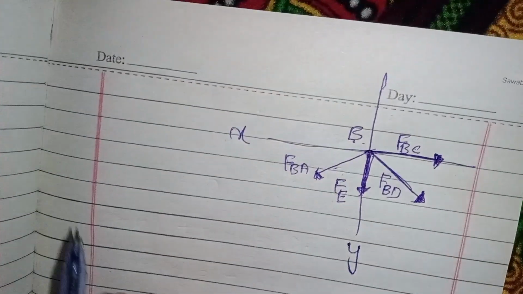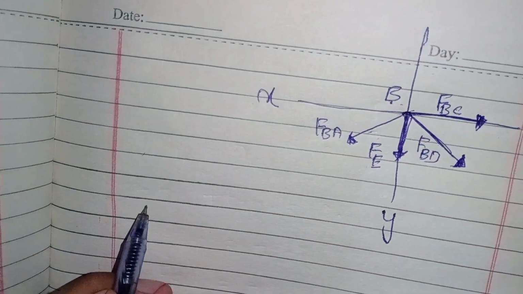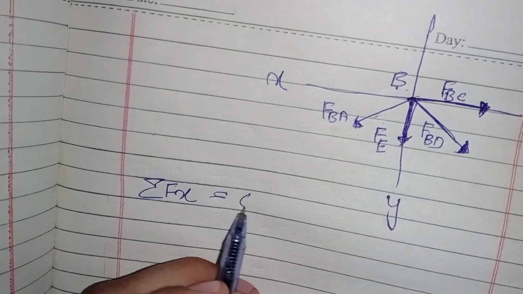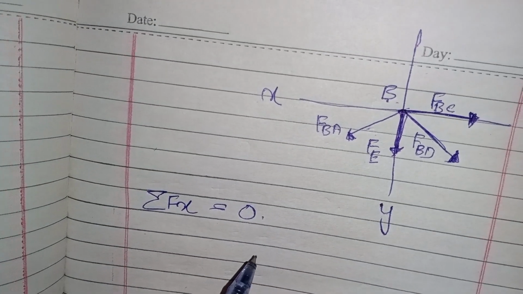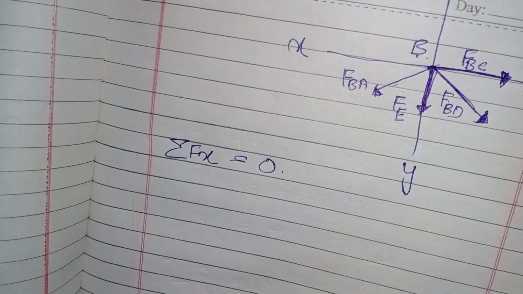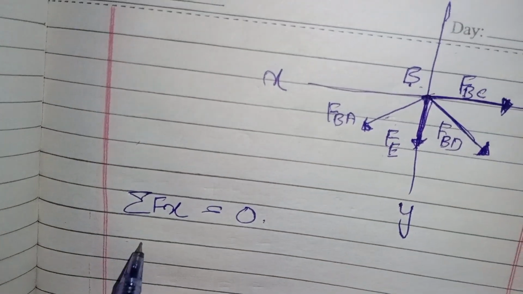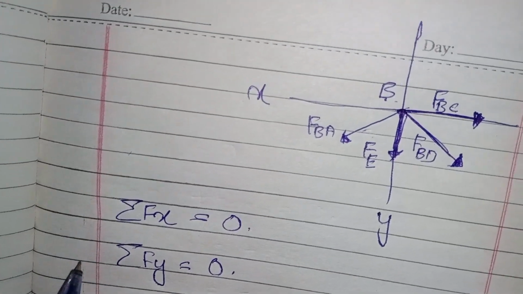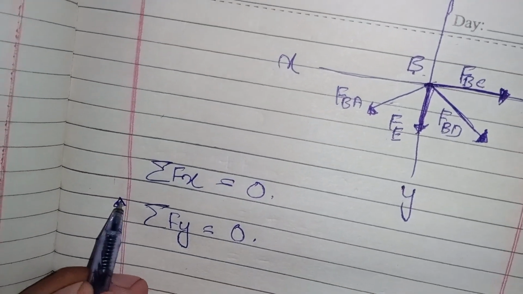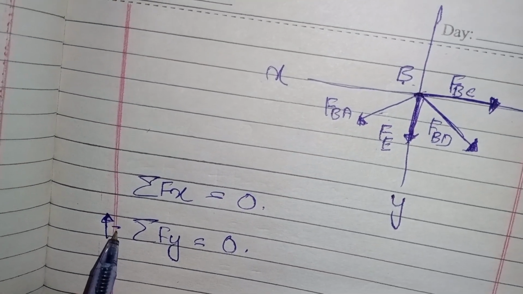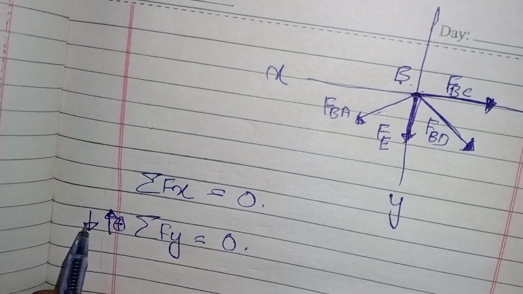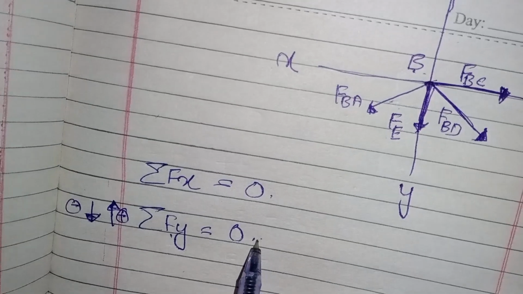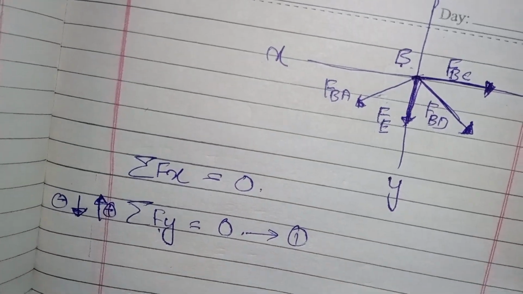So first of all, summation of F_x equal to 0, all horizontal forces equal to 0, and summation of F_y equal to 0, all vertical forces equal to 0. Directed up will be taken as positive, directed down as negative, and first of all I solve this equation.